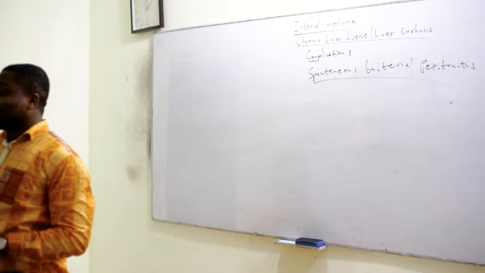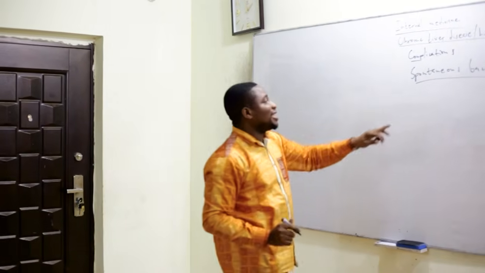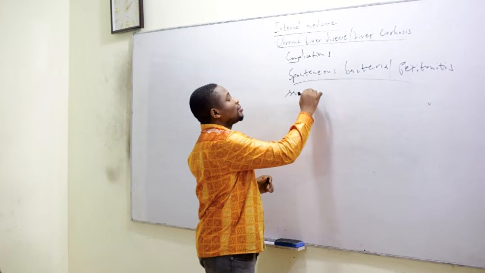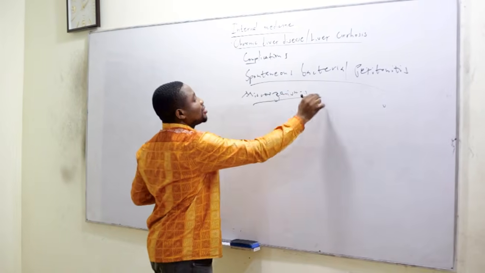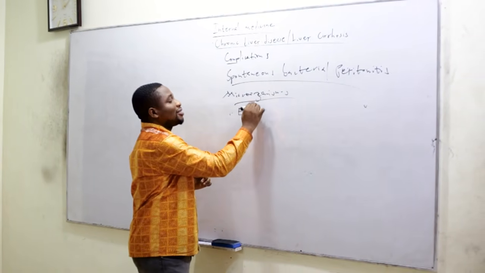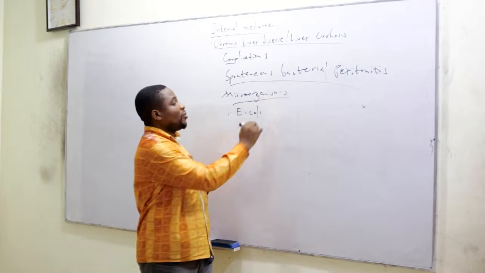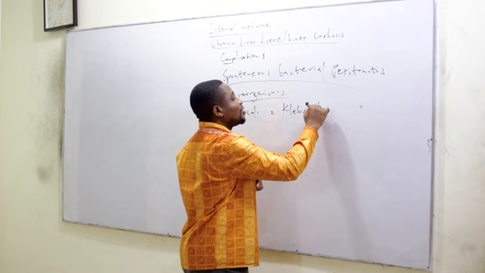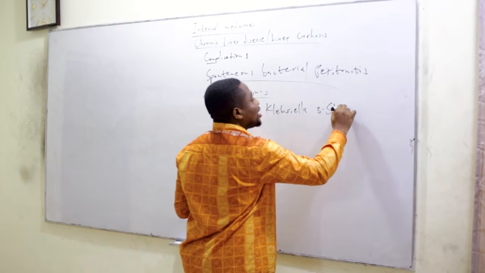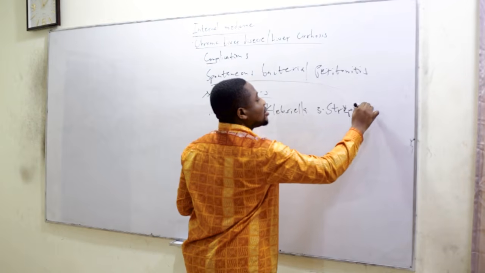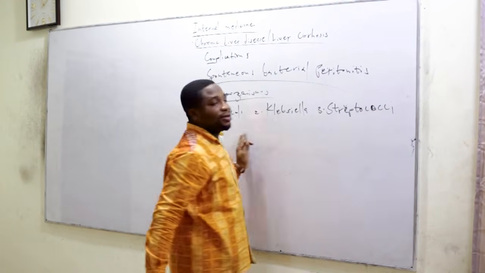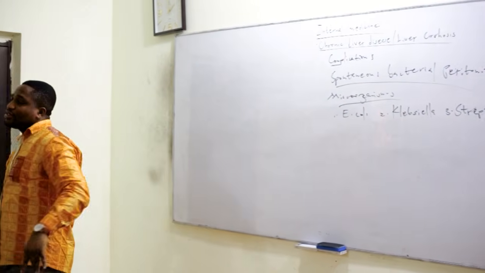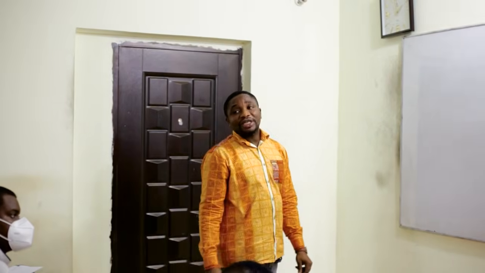The peritoneal fluid, the ascitic fluid. Okay. So in this case, the microorganisms usually involved, the culprits. We can think of E. coli, Escherichia coli. We can also think of Klebsiella, and we can also think of what? Streptococci. Okay? These are the bacteria involved in spontaneous bacterial peritonitis.